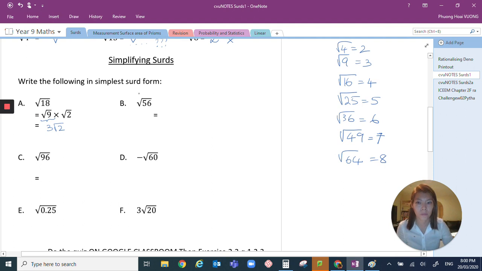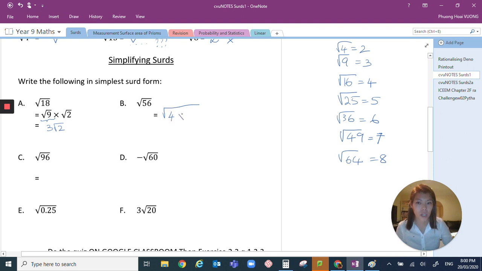That's a surd. 56. So what numbers fit in 56? Well, we can divide it by 2. Then we get 28, and it's still even, so it's definitely divisible by 4.